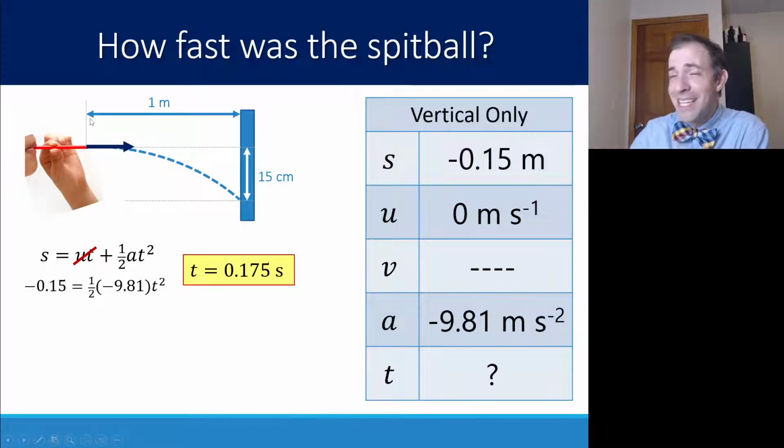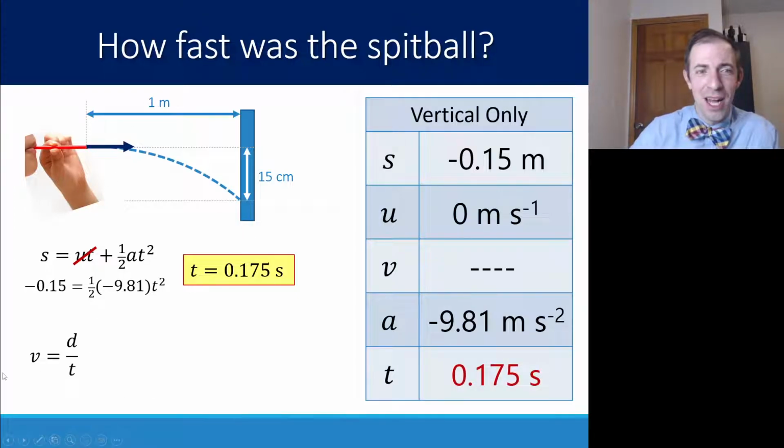I know that the distance between the straw and the wall is 1 meter. And if a dropped spitball would take 0.175 seconds to fall that distance, we know that it must have been in the air for that long. So I've traveled 1 meter in that time. I can calculate the velocity. It's just distance divided by time.